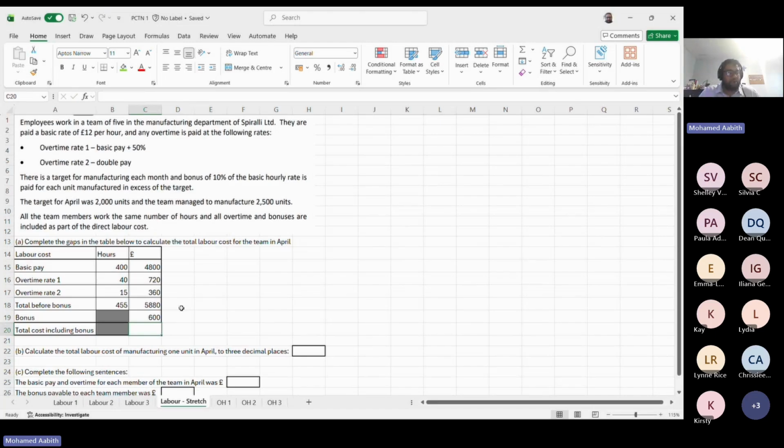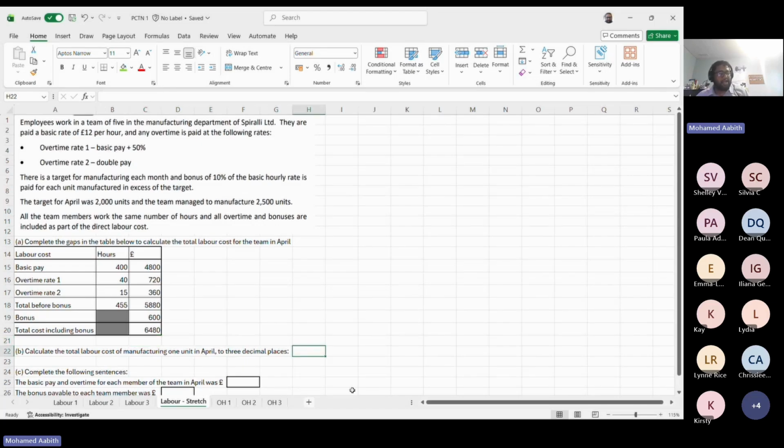And what is the total you're paying those employees, including the bonus? This plus that, altogether the total cost will be £6,480. They're asking you here, calculate the total labor cost of manufacturing 1 unit in April to 3 decimal places.